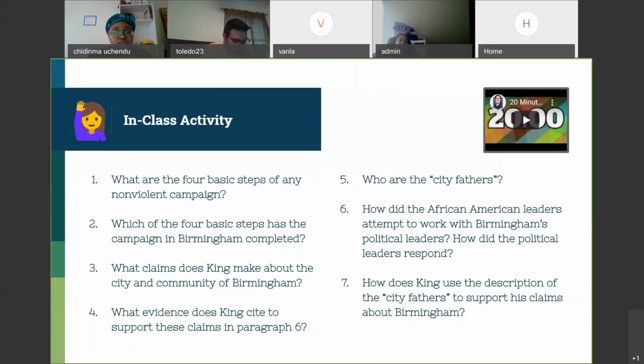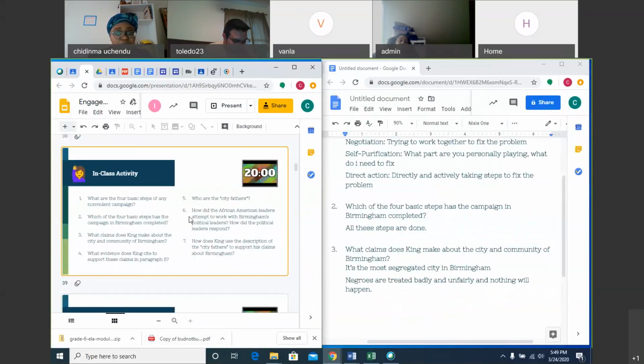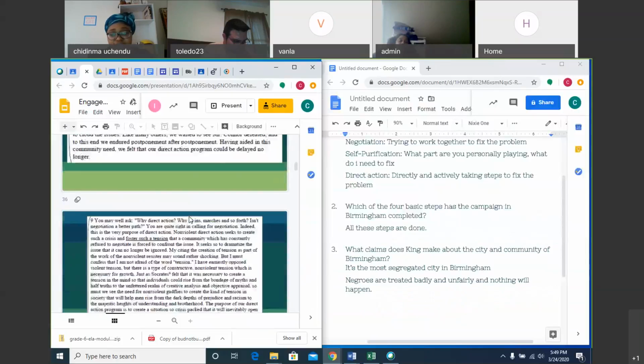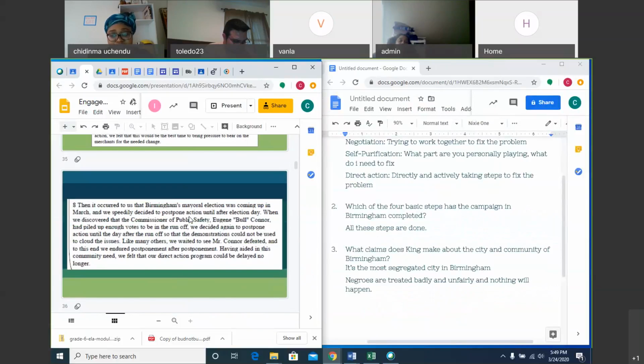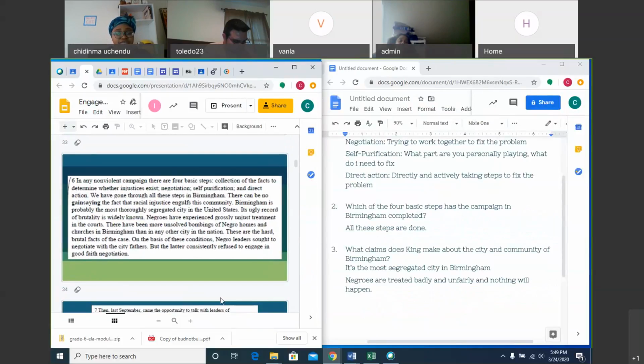What evidence does Dr. King have to support the fact that Negroes were treated badly and unfairly and nothing will happen to those people? What's some of the evidence to support that? Look at the text. Anybody can jump in here. Remember, this is your participation.